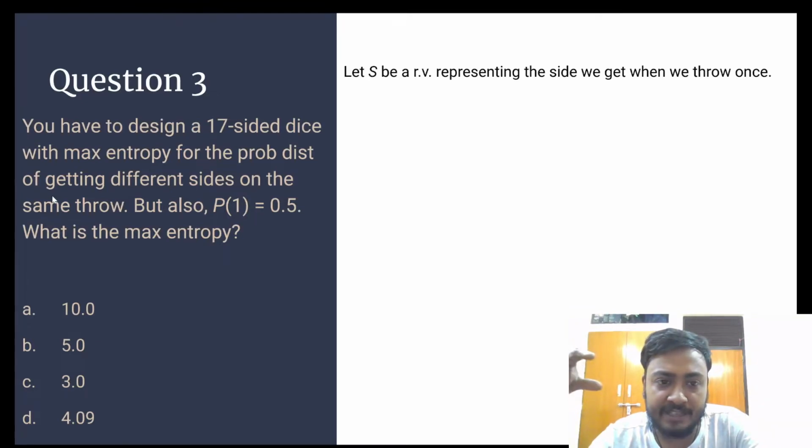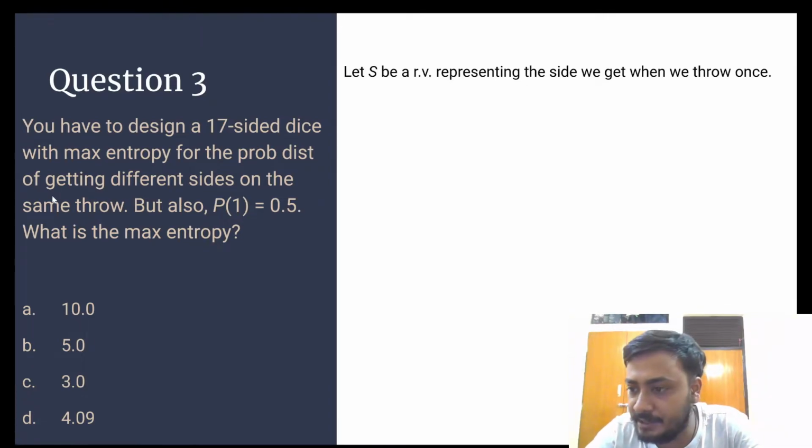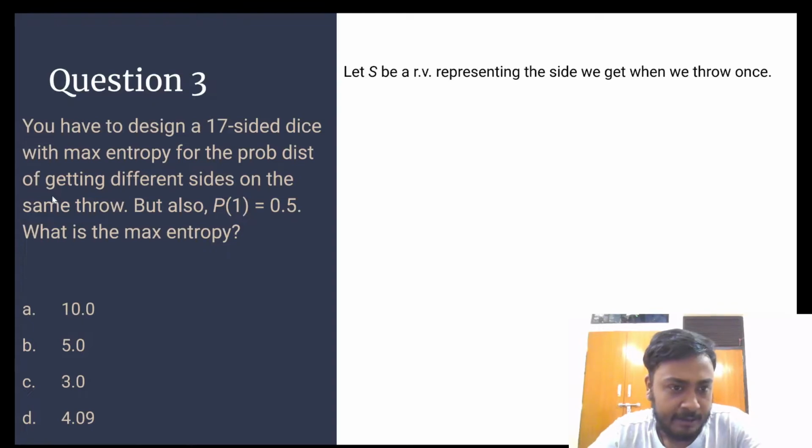For any dice there will be a probability distribution of what you get when you throw it. For a normal dice with 6 faces, the probability distribution is 1 by 6 for each of the 6 faces.